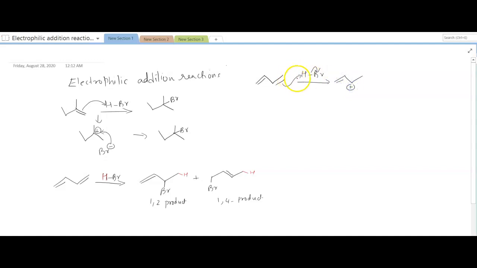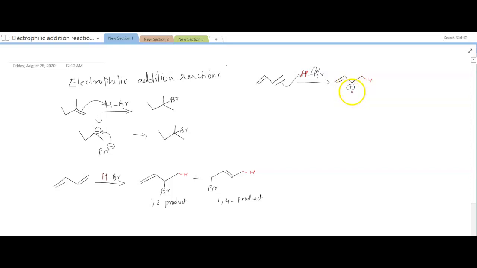We know the carbocation will not be formed at this end because that's a less stable carbocation. The carbocation is formed here, and then the hydrogen attaches itself here. If you put the hydrogen in red color, you can locate the hydrogen here. In the next step, Br will attach on this carbon atom which bears the positive charge. The nucleophilic attack happens here.